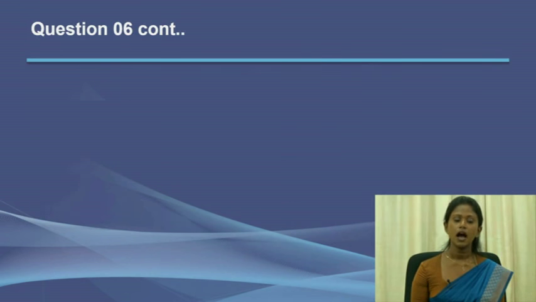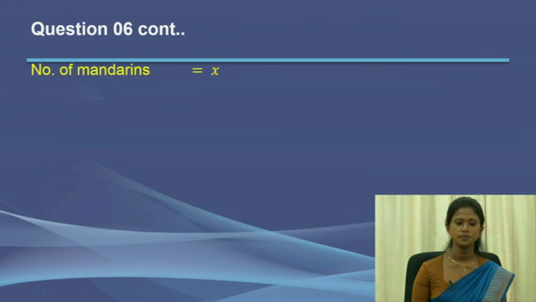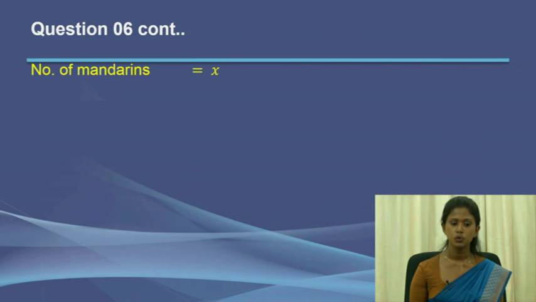Now we'll see how we can obtain that solution. In this type of question, what we have to solve is the initial number of mandarins. So we assume the initial number of mandarins is equal to x. x is a variable.